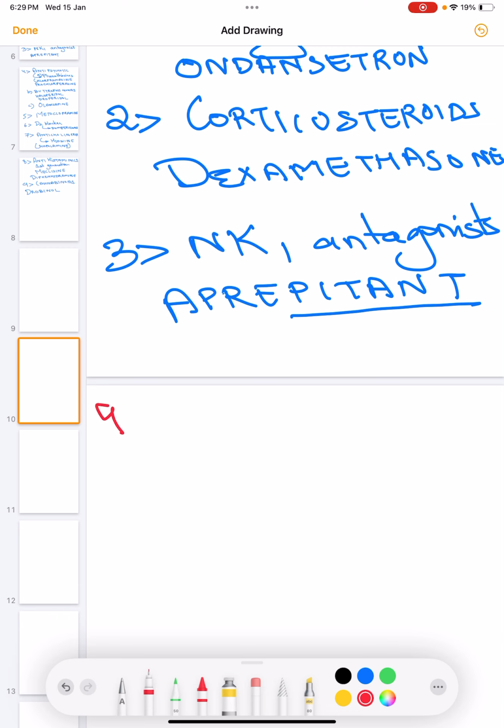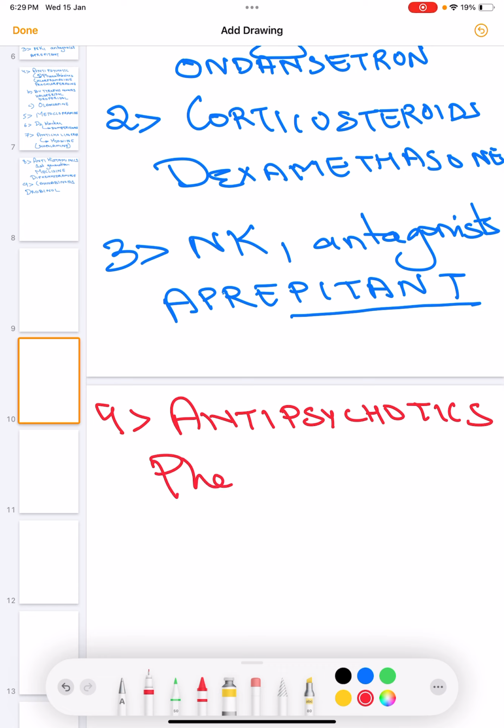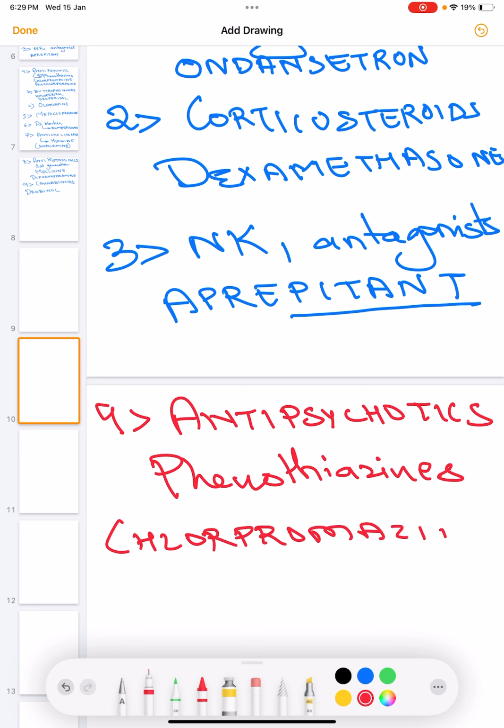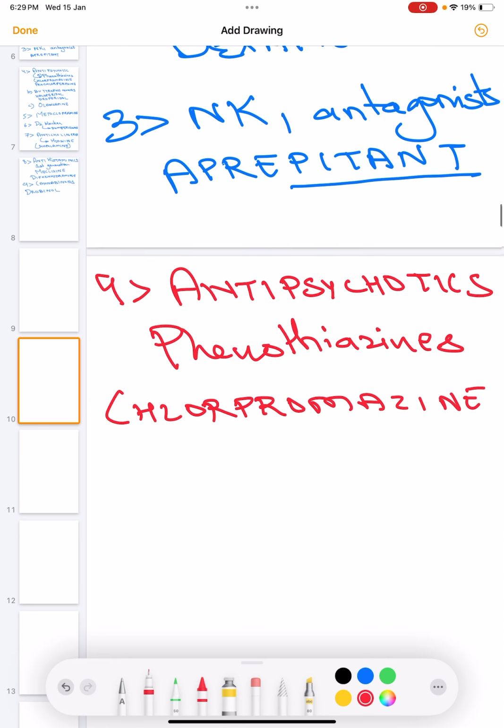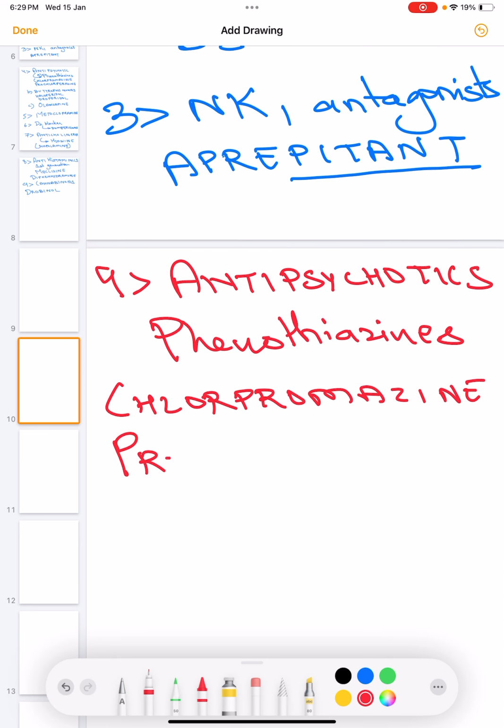The fourth class of drug is antipsychotics. In that there could be phenothiazines, for example chlorpromazine, prochlorperazine.